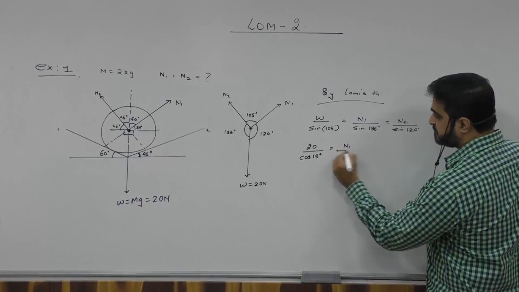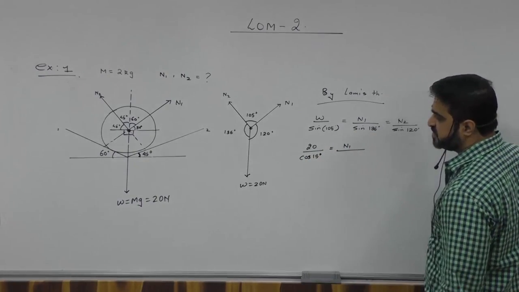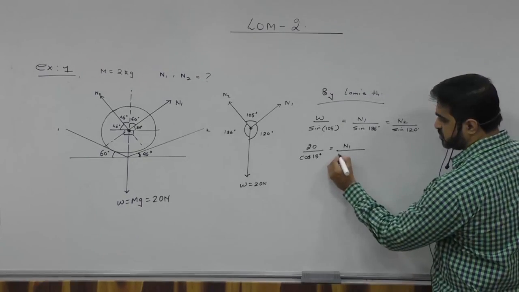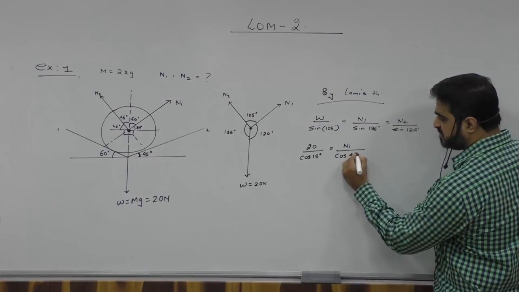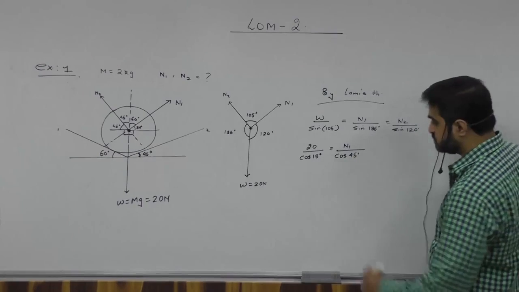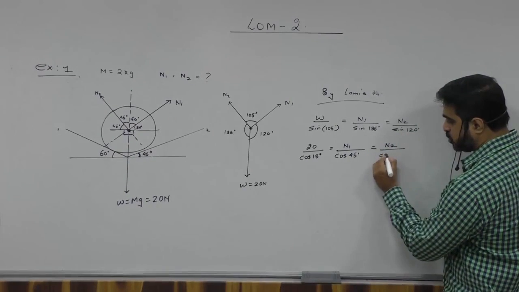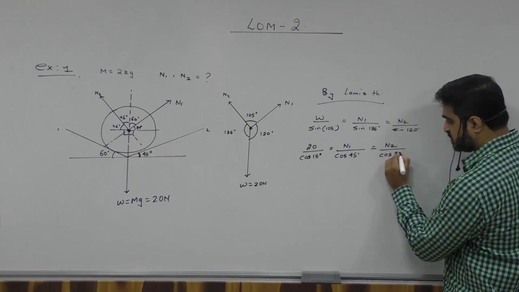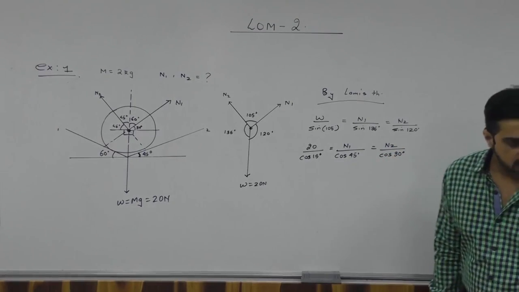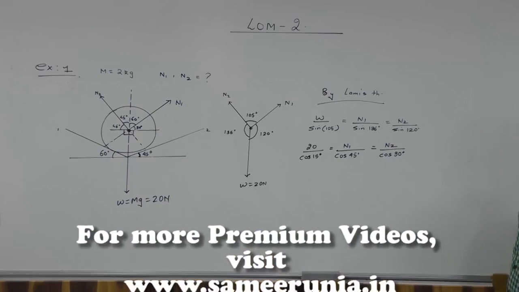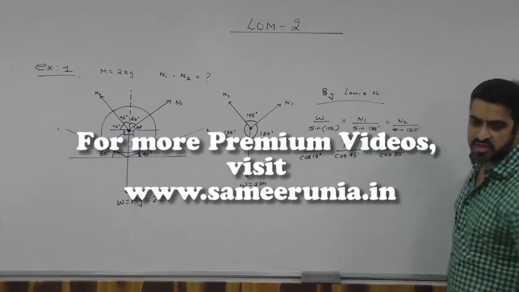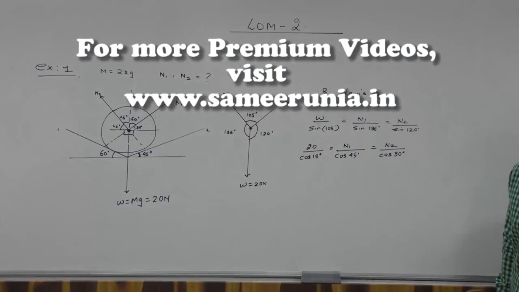N1 by sine 135, cos 45, and N2 by cos 90 plus 30, na beta? Now cos 15 will be given to you in the question. It is 0.96.